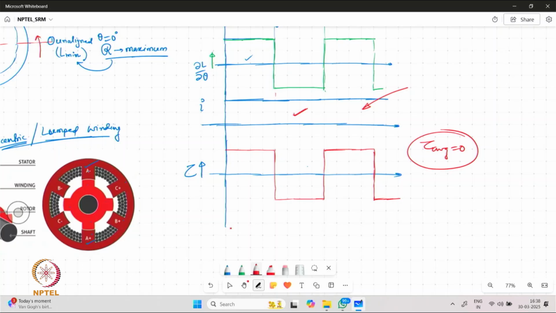Now, it should be noted that if the current direction is also altered along with the torque, which means that we provide positive current for the positive dL by d theta and negative current for negative dL by d theta, still our torque is going to remain the same.